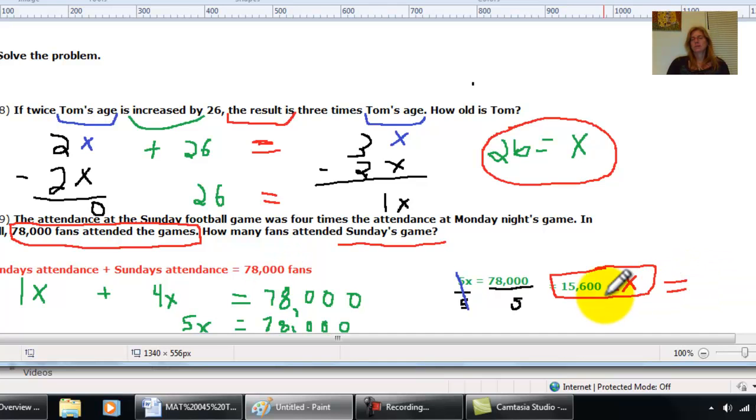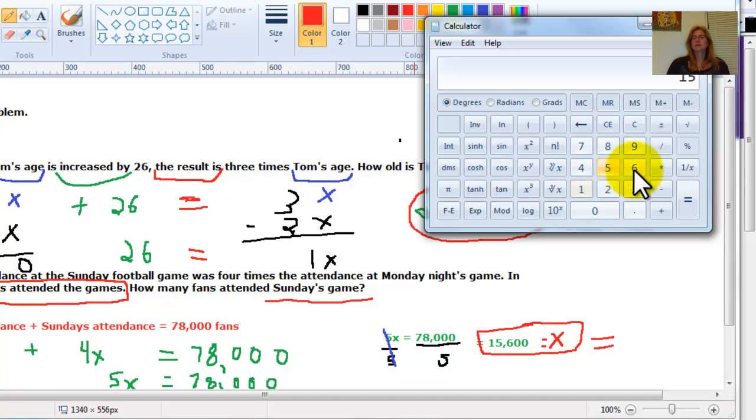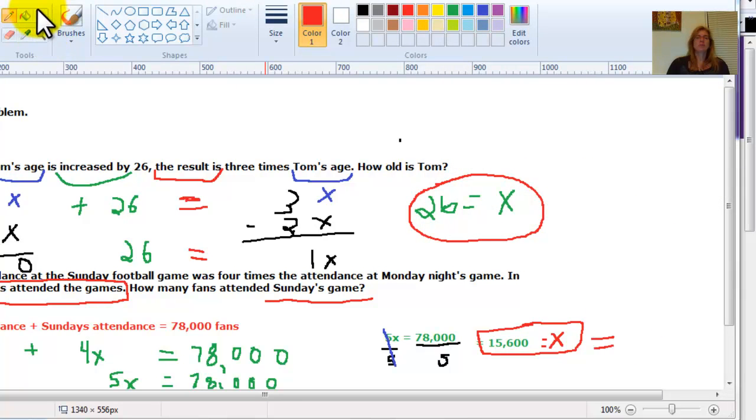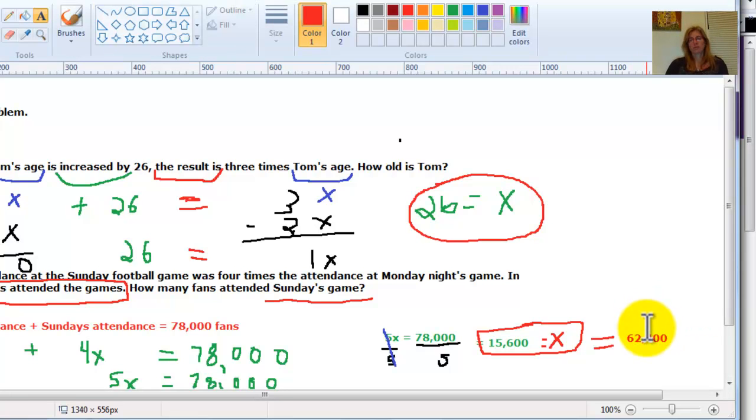So now you have 15,600 times the 4. You're going to plug that in there. 15,600 times 4 equals 62,400. So that's how many attended on Sunday, 62,400. So really the answer to the problem is 62,400.